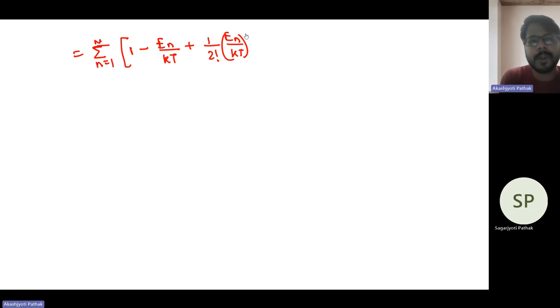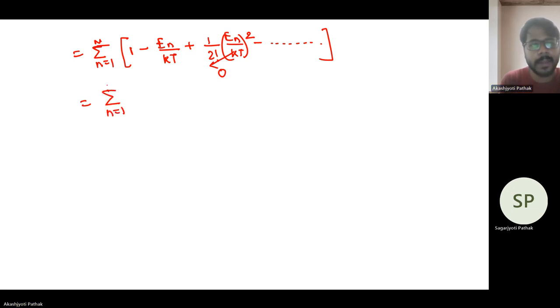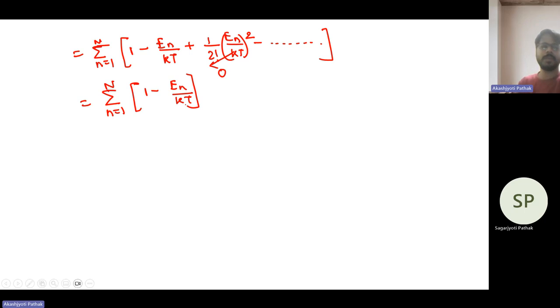So what we were getting is this summation from n equal to 1 to N of 1 minus En by kT plus 1 by 2 factorial (En by kT) whole square, and this continues. At higher temperature you can neglect these higher order terms and take them as 0, and then this will be left.